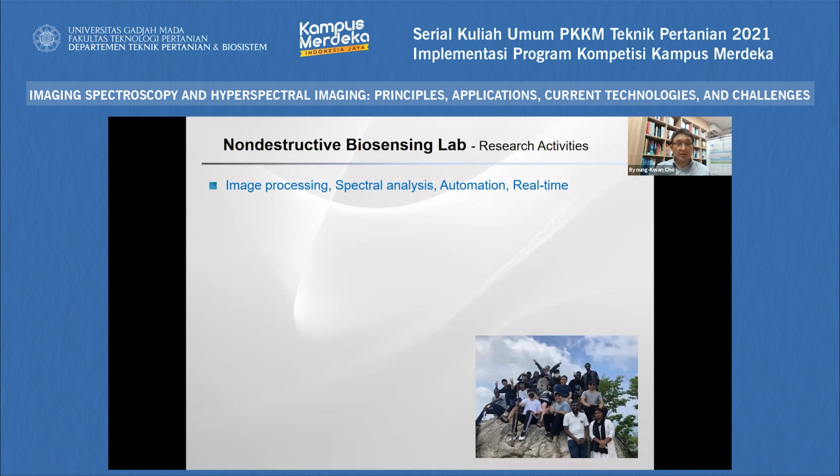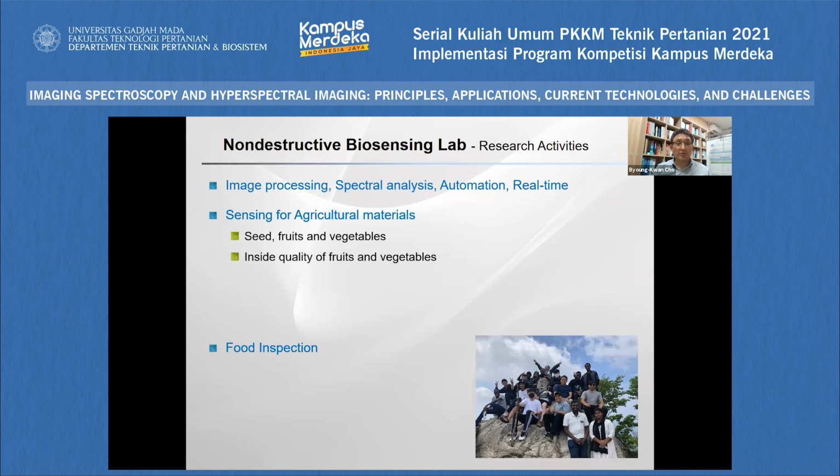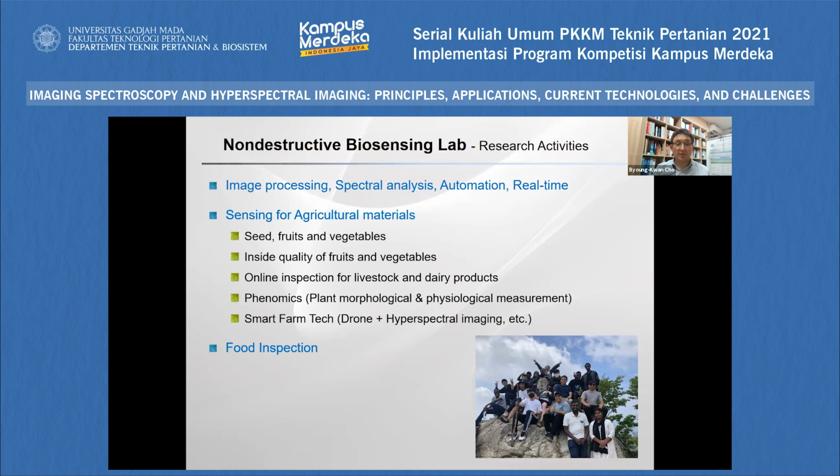My research area, as Dr. Epi introduced, is image processing and spectral analysis, automation, and real-time sensing for agricultural materials and food inspection. In detail, I'm working with seeds, fruits, and vegetables, also inside quality of fruits and vegetables, and online inspection for livestock and dairy products, plant measurement and smart farm technology development.